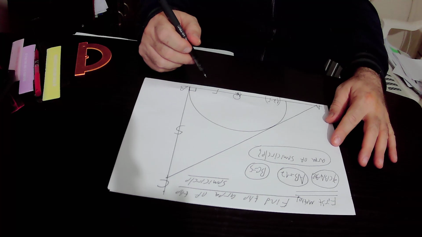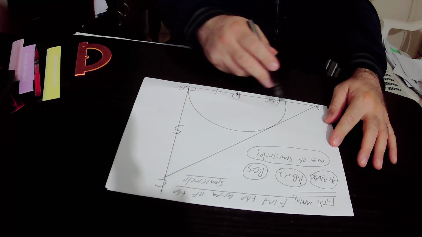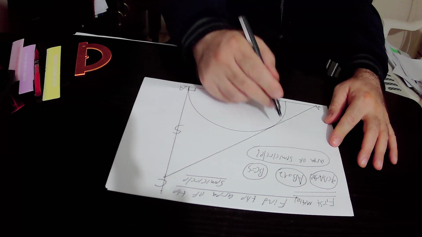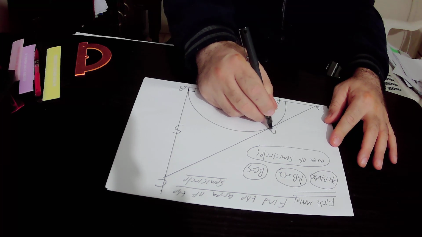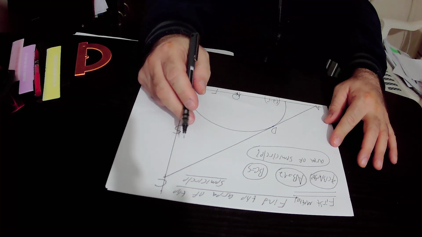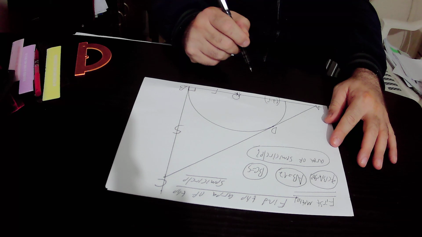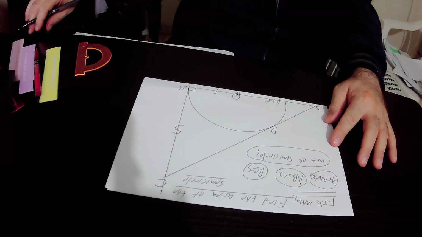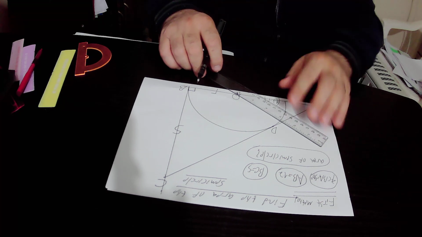And we will also define the touching point between the hypotenuse AC and this semicircle as point D. Point D is the touching point between the hypotenuse AC and this semicircle. In the next step, we'll join together points O and D by a straight line.